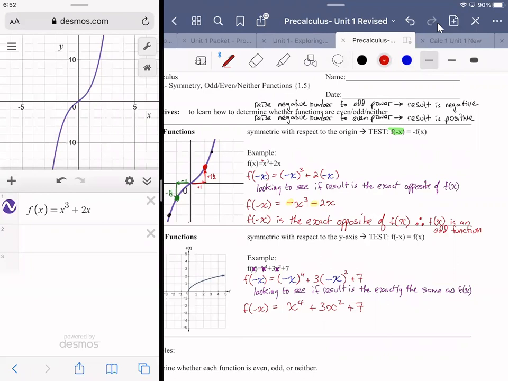All right. F of x, I'm sorry, f of negative x is exactly the same as f of x. Therefore, f of x is an even function.